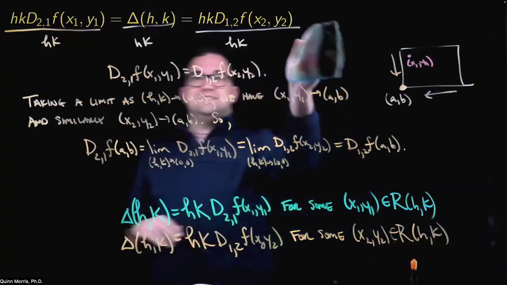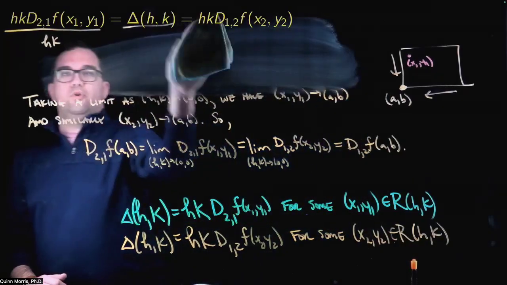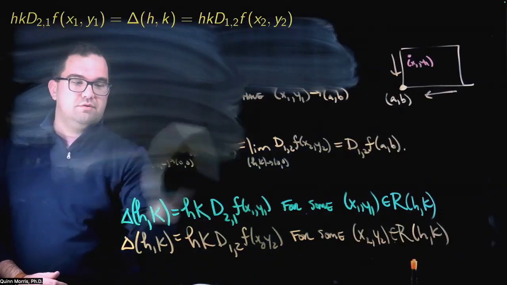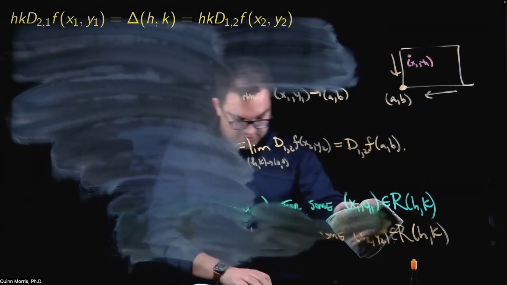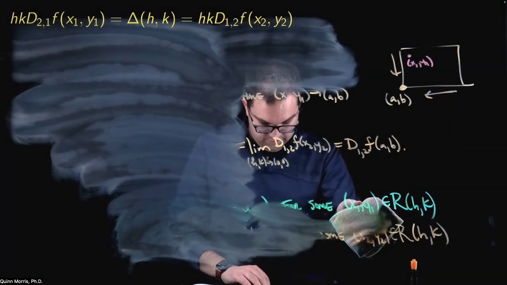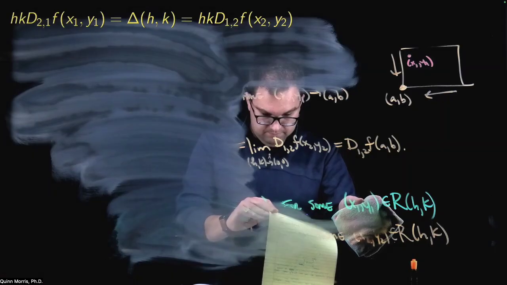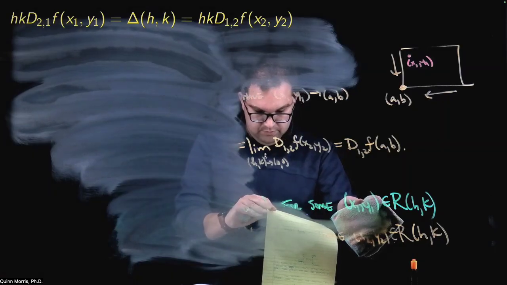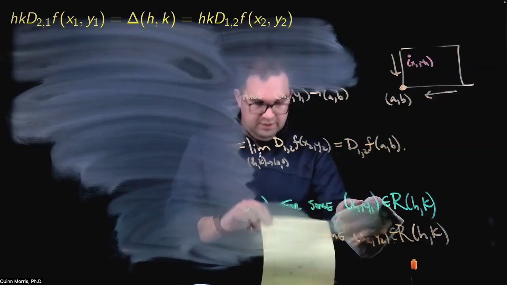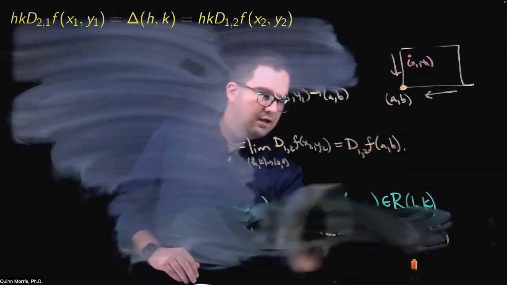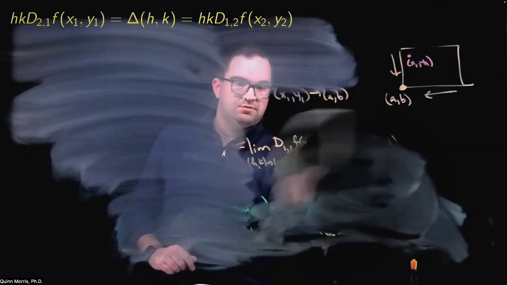I also used the existence of D12 earlier on when I took the derivative of little h, I believe. I used the existence of that mixed partial.